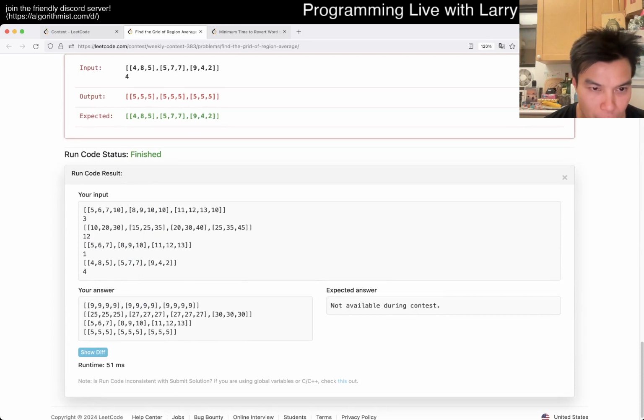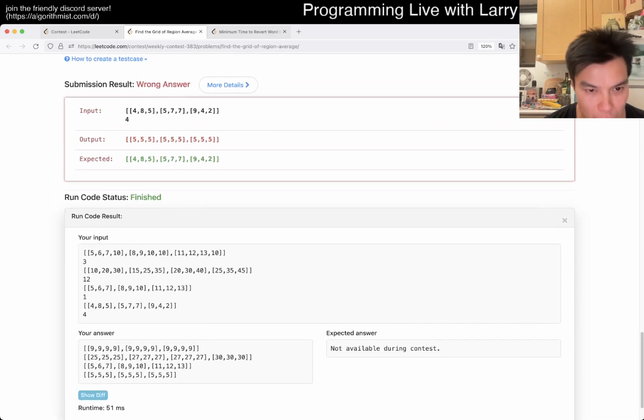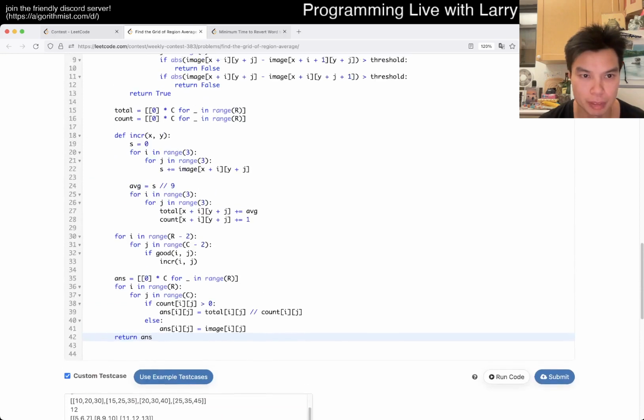So 4. It's saying that there's no 7 and 2. So why is this returning true?